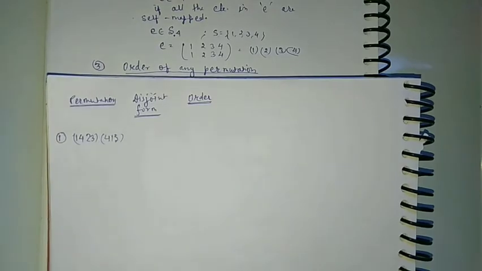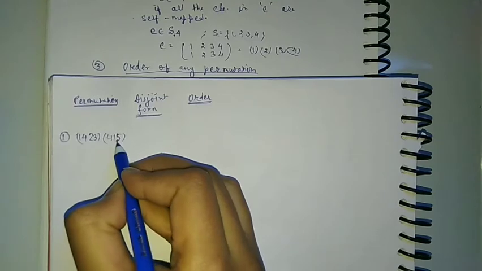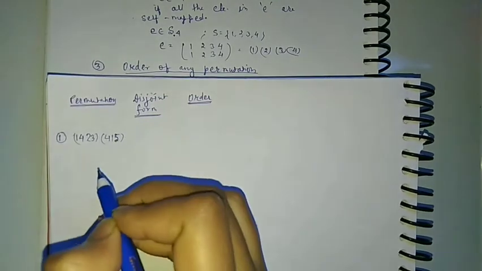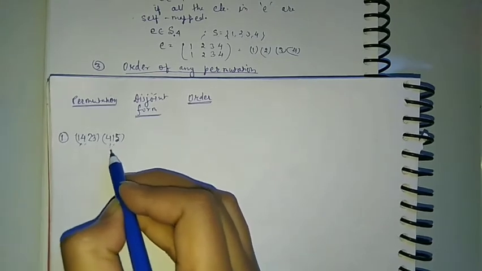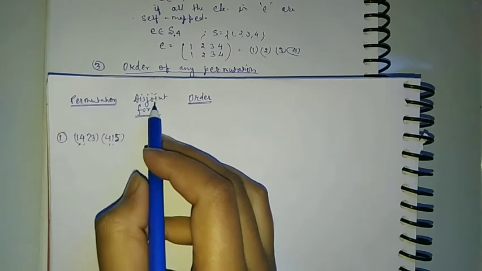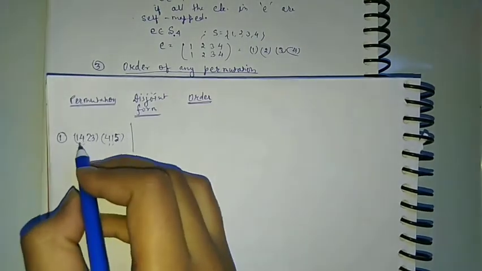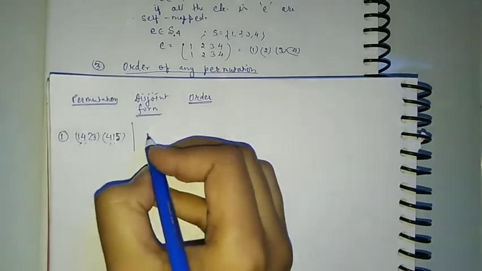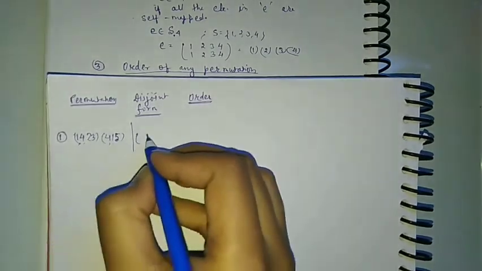In order to find the order of this permutation, first we have to convert it into disjoint form. As we can see, 1 and 4 are common elements, so we have to first convert it into disjoint form. For it we have to multiply these two cycles. We know the method of multiplication of cycles.